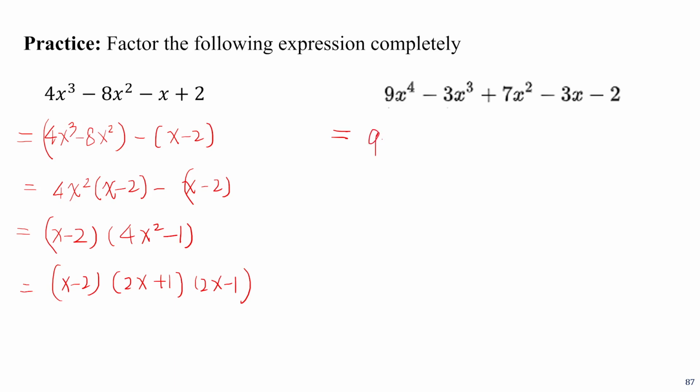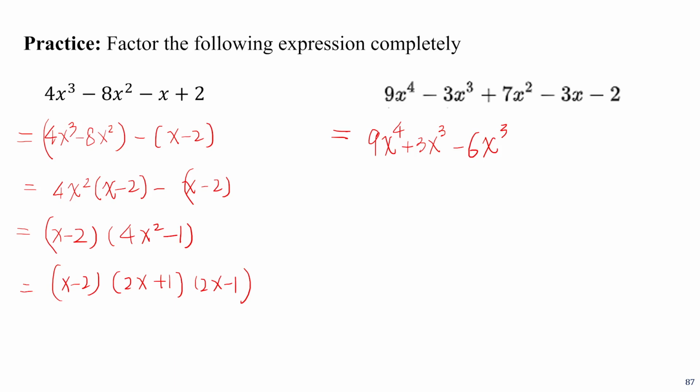So for example, we could try add a 3x cubed here. Then we do not have a plus 3x cubed, so you need to add another negative 3x cubed to compensate that. Then copy the rest of the expression. So you have another negative 3x cubed, so that'll be negative 6x cubed, right?